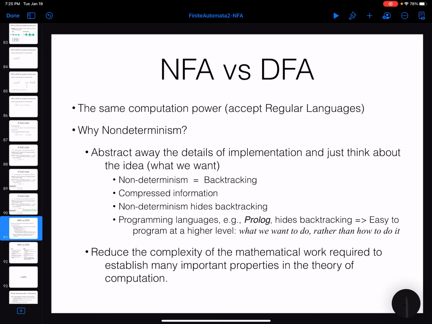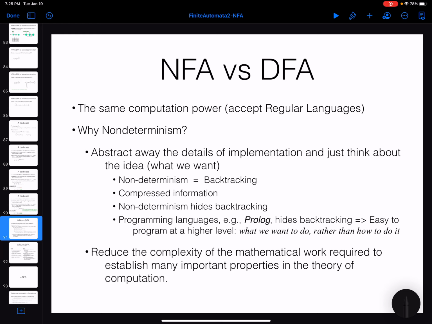I proved to you using a constructive proof that if you have an NFA, you can create an equivalent DFA for that. This shows us that NFAs and DFAs have the same computational power, and they are going to accept the same set of languages that we call regular languages.